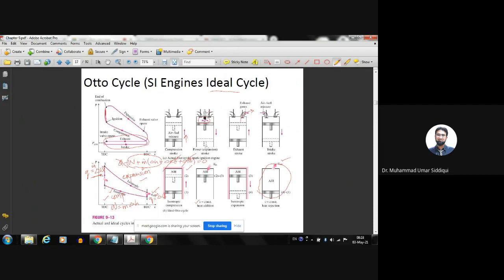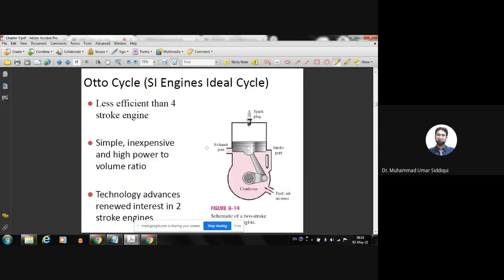However, we also have another kind of spark ignition engine where we have 2 strokes. The 2-stroke one is a technology which is now not used in reality because there are many disadvantages of this technology.